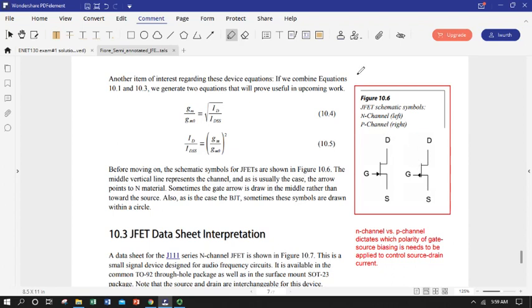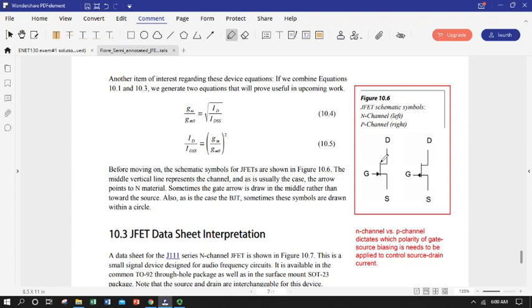Okay. Last but not least, figure 10.6. What if we want to pick these nifty devices off of a schematic? And this is how we denote them. Symbol is very different from a BJT. Mainly we have kind of perpendicular little lines.